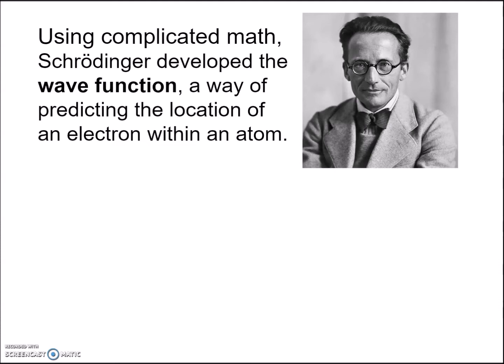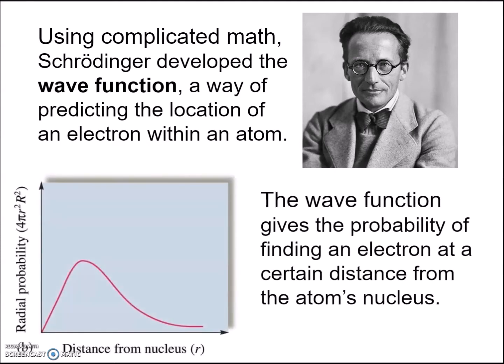But it turns out that whole model, the Bohr model, broke down with more complicated atoms. It did a great job of describing hydrogen and even helium, the next larger element. But when you have lots of electrons around in neutral atoms of larger size, it just didn't predict how those atoms would bond together. And so, using really high level physics, Schrödinger developed what's called the wave function.